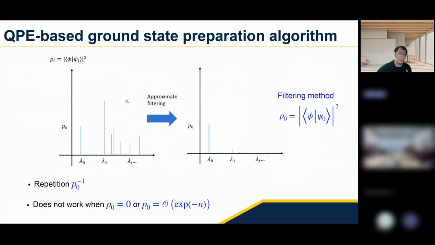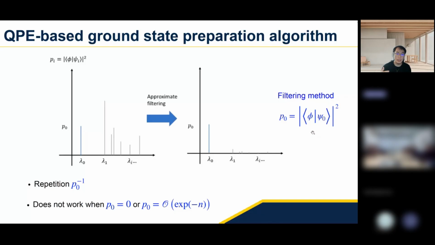After we apply the filter functions to this energy landscape, in the resulting state, we can only see the ground state. Then we only need to do a measurement, and we can get the ground state. However, the success probability of this algorithm is upper bounded by the initial overlap between my initial state and the ground state of this Hamiltonian.